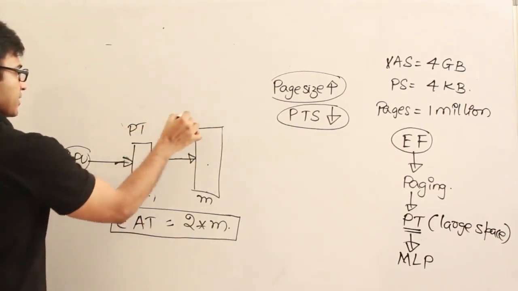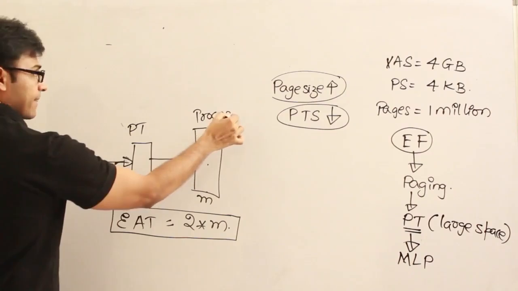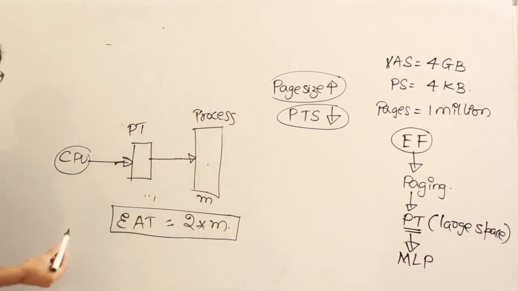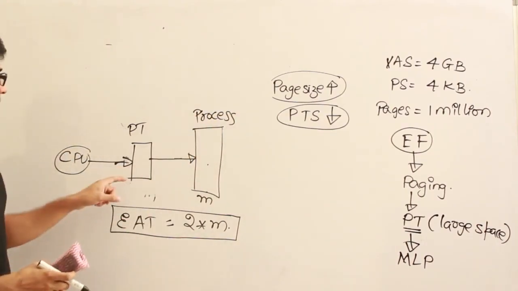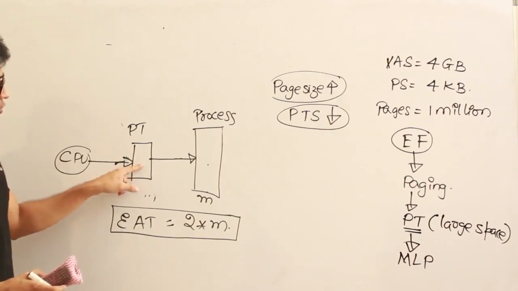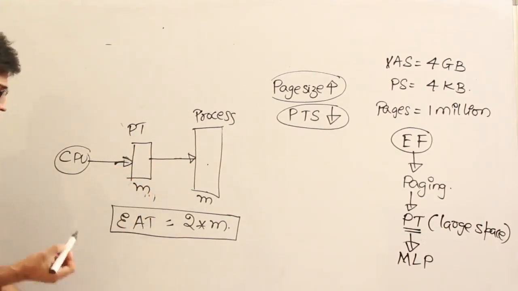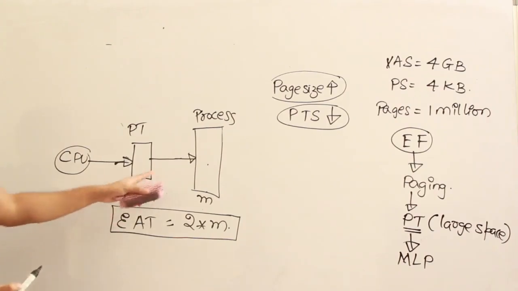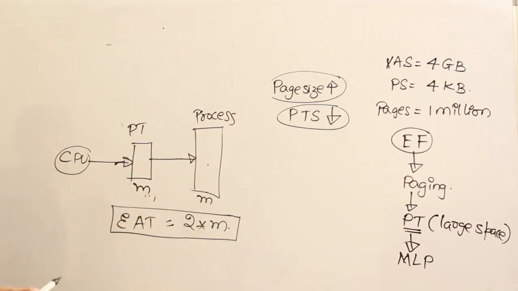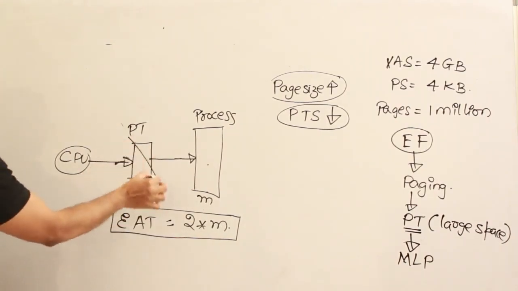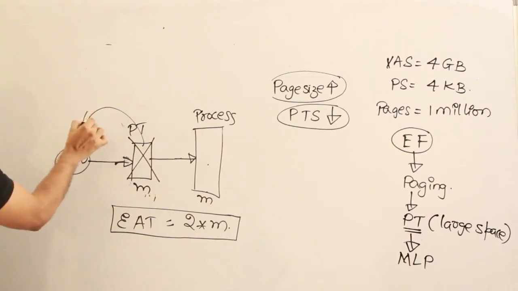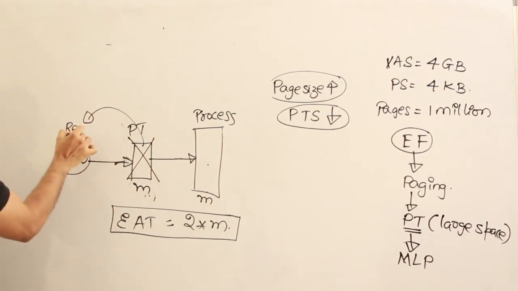This is the page table and this is the process, right? So now with this page table, we are going through two levels of access, or two memory accesses. Now what people thought is, in order to cut down these two memory accesses, why don't we load the entire page table into the registers? This is what they thought.